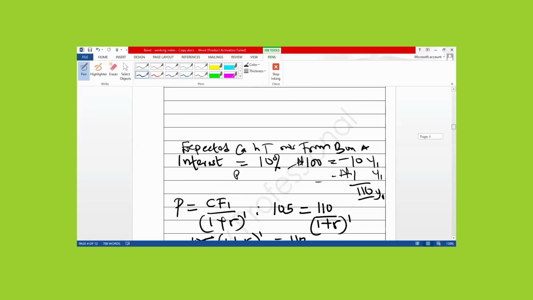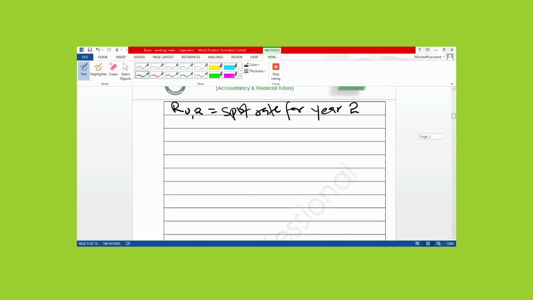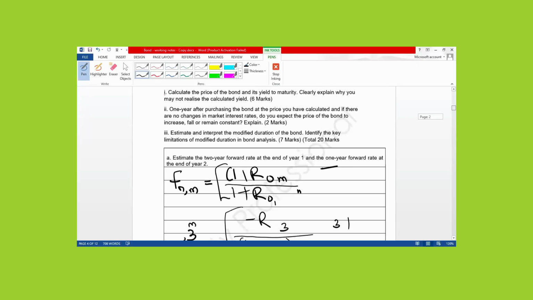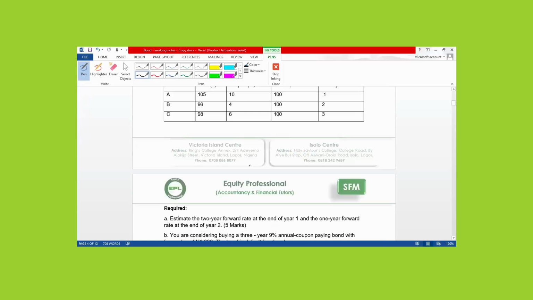Go to bond B. So Angela, look at it again. Look at bond B. The price is 96 naira.